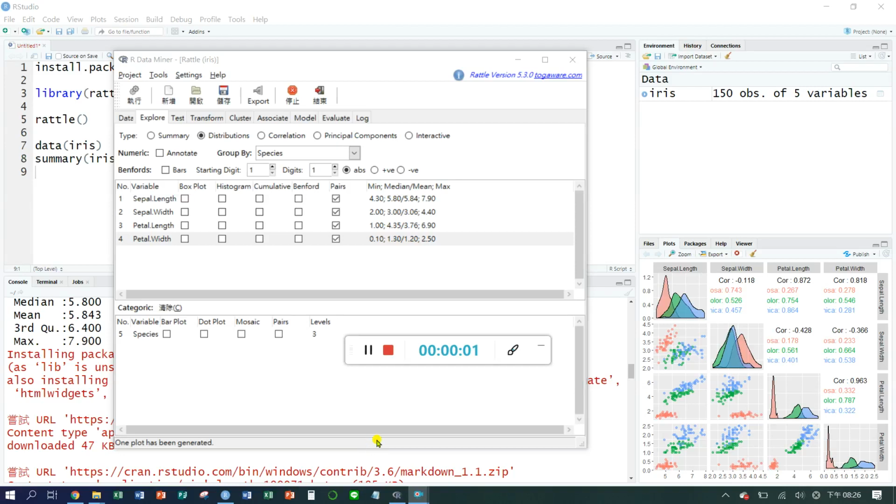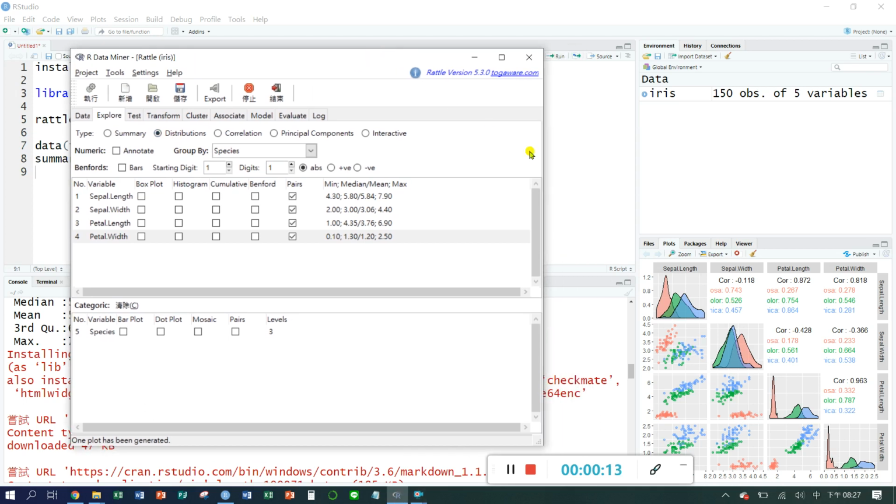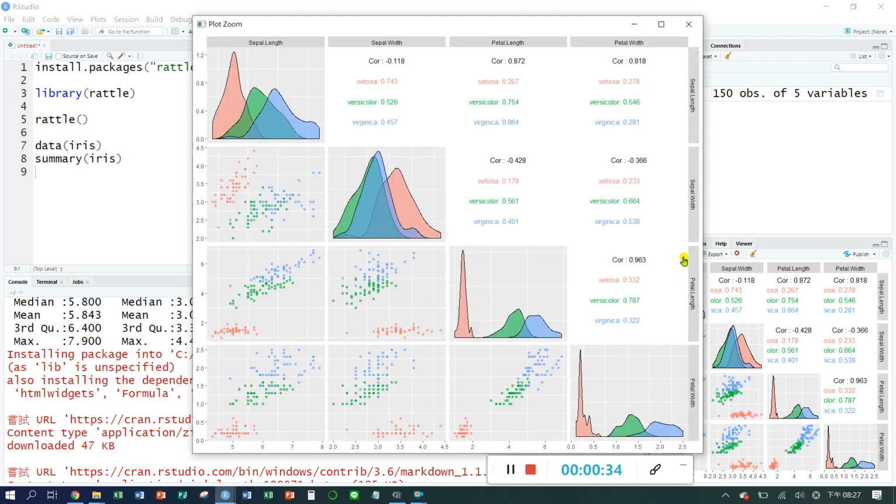Hello, welcome back. So let us continue to talk about the distribution function for data analytics. When you choose the pairs function for each variable and run it, you may get a diagram here. You may zoom in on the result.